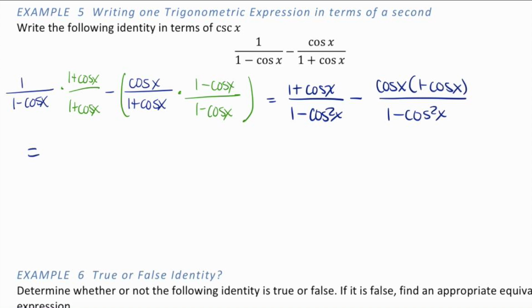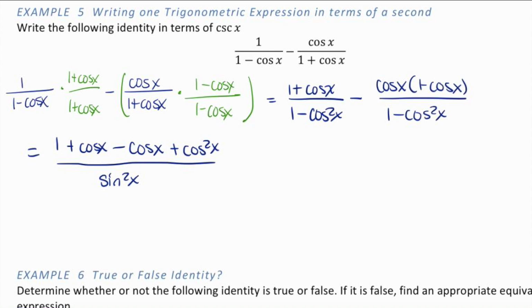So let's keep going. I have 1 plus cosine x minus cosine x plus cosine squared x. If you notice, all I did was multiply cosine of x times 1 times this negative is negative cosine x. Then here I have a negative times a cosine times a negative cosine x to get a positive cosine squared x. And in my denominator, 1 minus cosine squared of x can be rewritten as sine squared x.